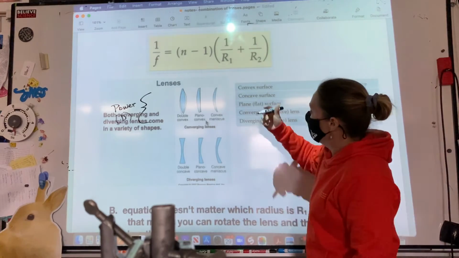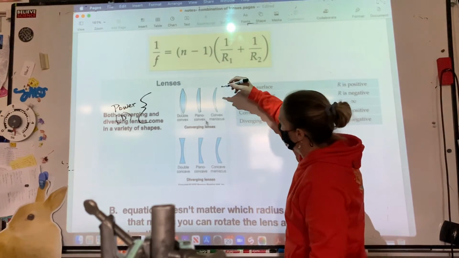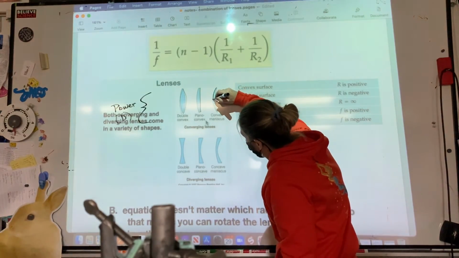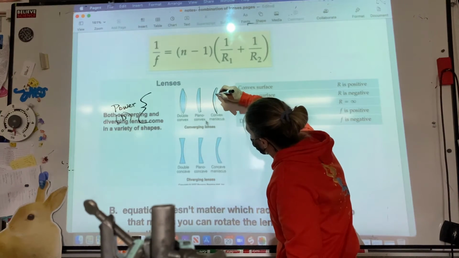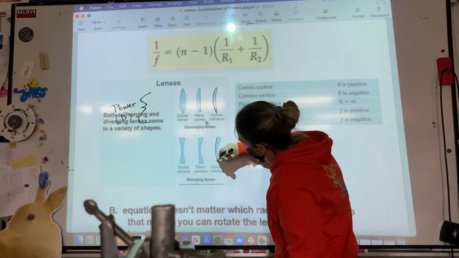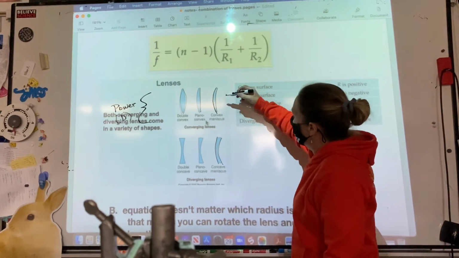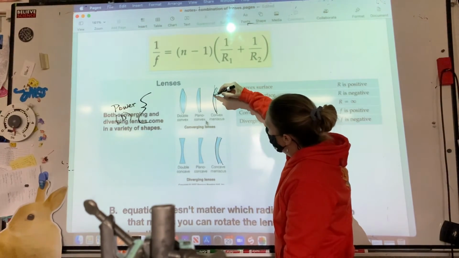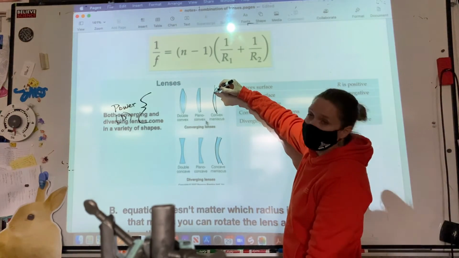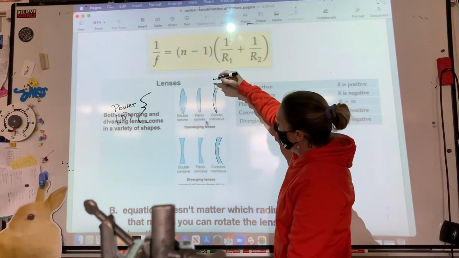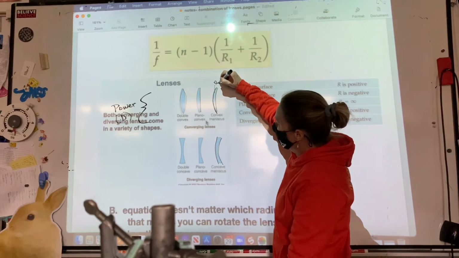And here, let me explain this. So let's look at this one. What's the difference between this and this guy? Tell me the R of this compared to the R of this.